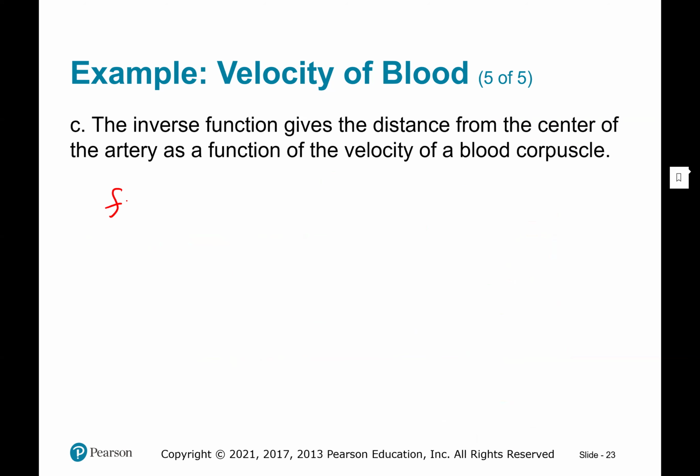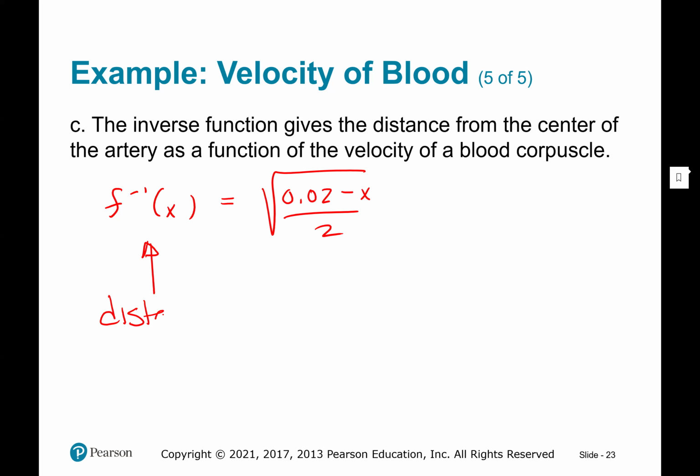So the inverse, f inverse of x, is the square root of 0.02 minus x over 2. This is the distance from the center of your artery. That right there is the velocity.